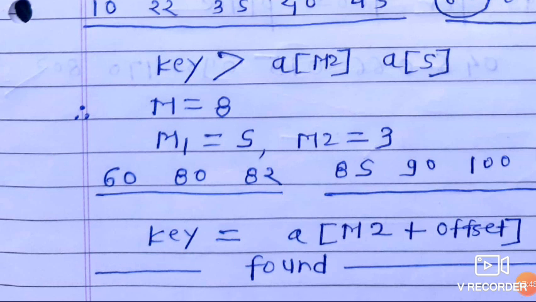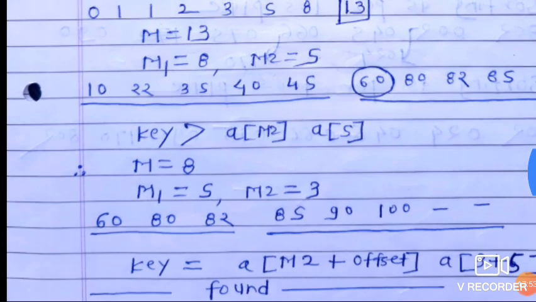In this way this technique works. So let us analyze the technique. Before analysis, again I would like to revise the things which we have seen up till now, that is the algorithm. First, we accept an array of size n. We sort the entire array. We accept key element.